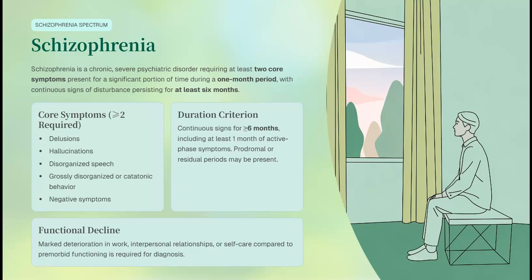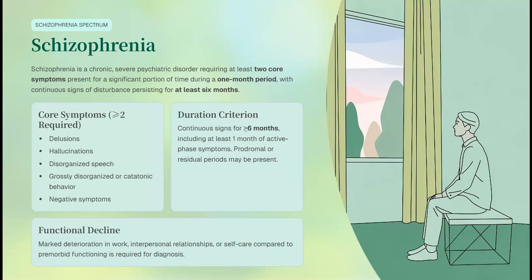Schizophrenia is a serious, long-term psychiatric condition that significantly impacts functioning. So listen, schizophrenia will significantly impact functioning. The diagnosis requires meeting some specific criteria: at least 2 of the 5 core symptoms present during a 1-month period, and continuous disturbance lasting at least 6 months total.